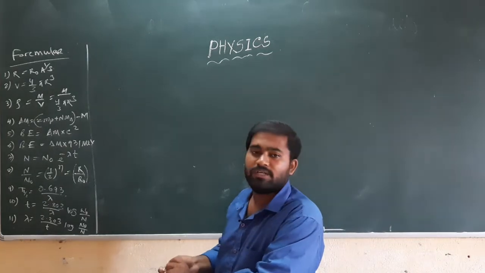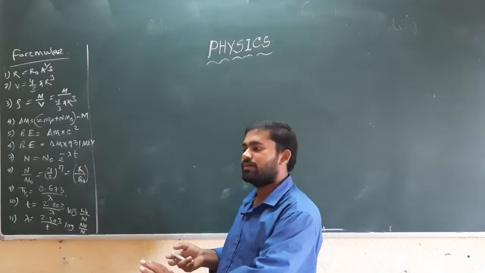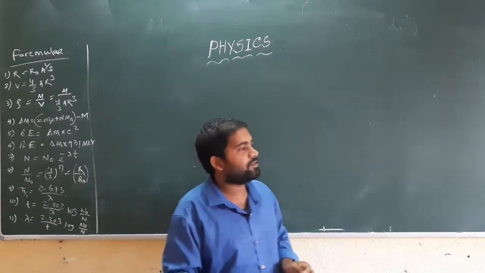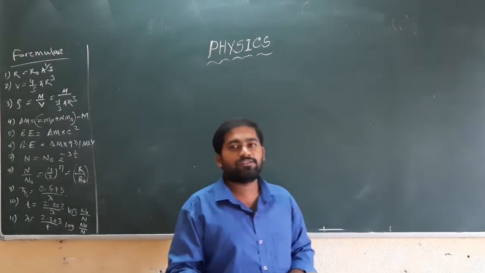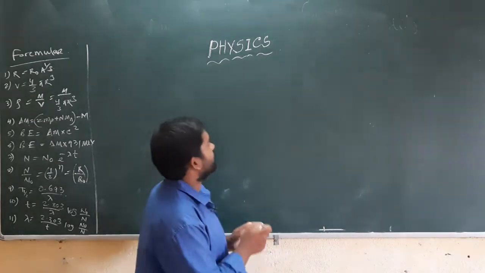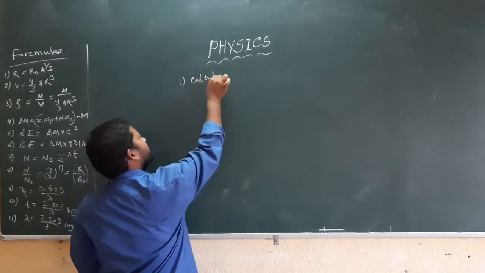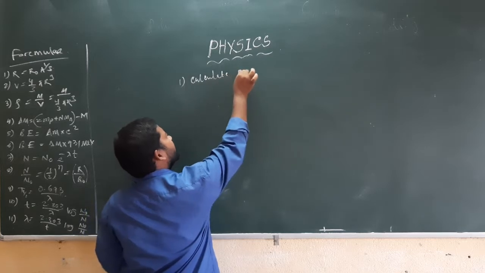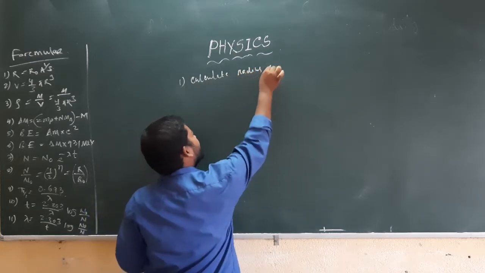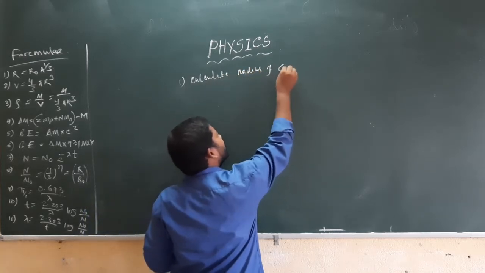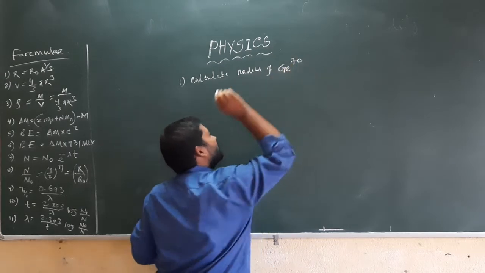So at first, suppose we take a simple problem: calculate the radius of germanium 70.